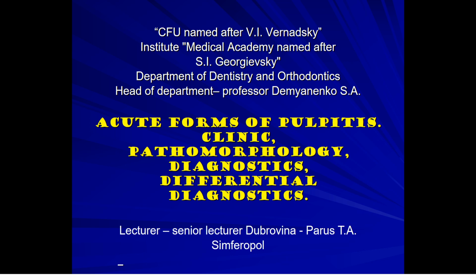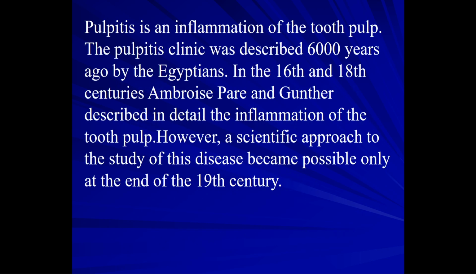Today's topic is acute forms of pulpitis: clinic, pathomorphology, diagnostics, differential diagnostics. Pulpitis is an inflammation of the tooth pulp. The pulpitis clinic was described 6,000 years ago by the Egyptians.